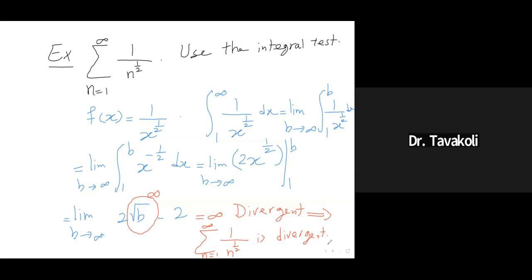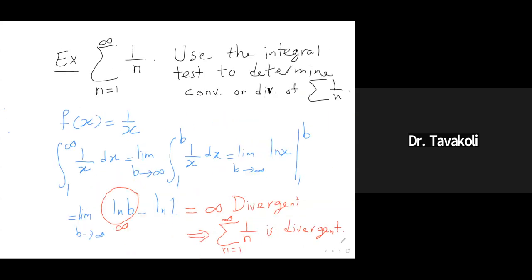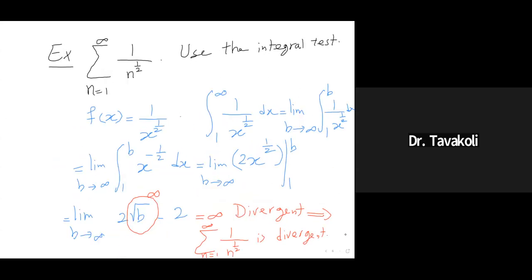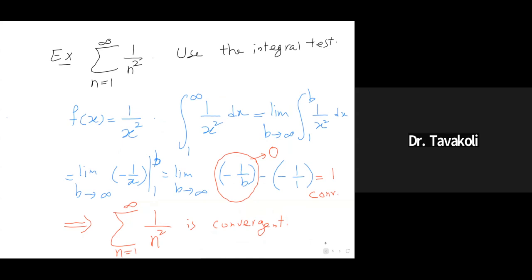Based on these last three examples, 1 over n, 1 over n squared, 1 over n to the power of 1/2, maybe you have guessed that when the power of n in the denominator is more than 1, like here, the series is convergent.